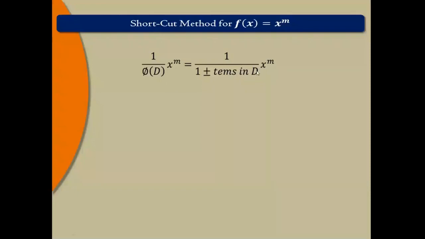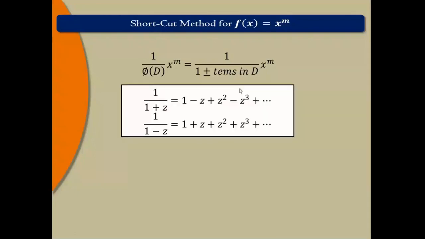And then by using these formulas, 1 upon 1 plus z or 1 upon 1 minus z, expand this term. Expand it up to this power m. What are these formulas? 1 upon 1 plus z is 1 minus z plus z square minus z cube plus dot dot dot. And the formula for 1 upon 1 minus z is 1 plus z plus z square plus z cube plus dot dot dot.